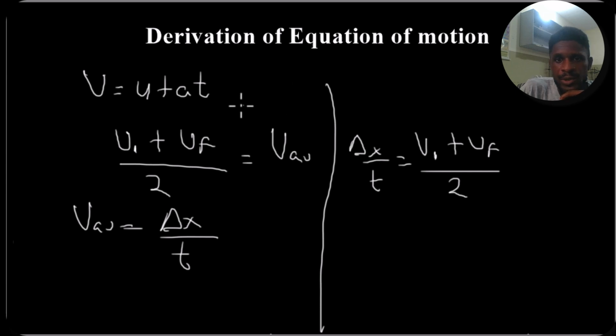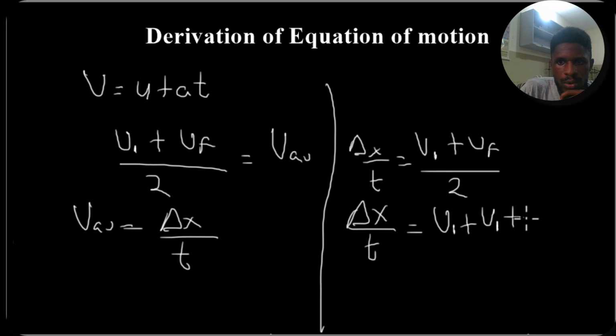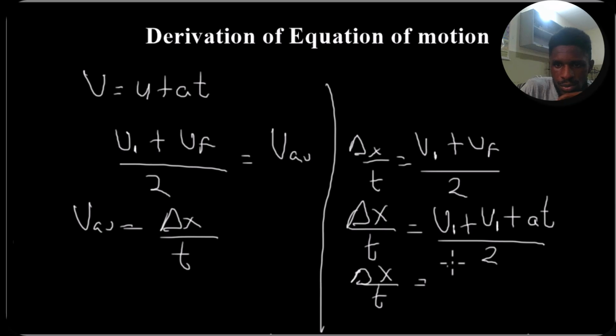Now, from the first equation, remember we said v final is equal to v initial plus at. So anywhere I see v final, I want to substitute its value into this particular equation. So delta x over t will be equal to v1 plus v1 plus at, everything over 2. So I can add these two v1s together, then I have delta x over t equal to 2v1 plus at all over 2.